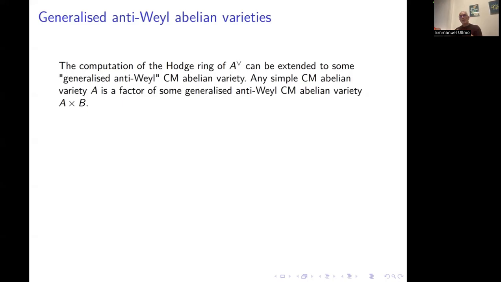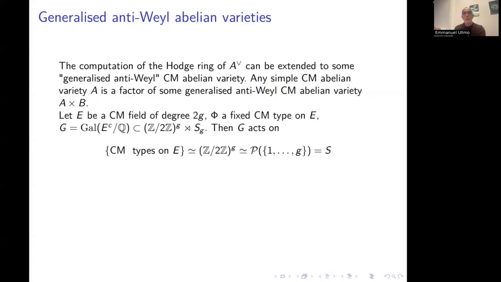What I can say is that any simple CM abelian variety is a factor of some generalized anti-Weil CM abelian variety of the form A cross B. And for A cross B, the computation of the Hodge ring is the same as the computation in the anti-Weil situation I had before.